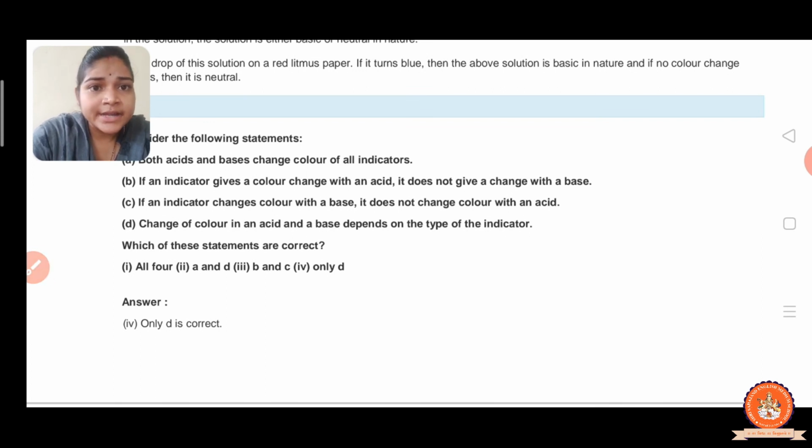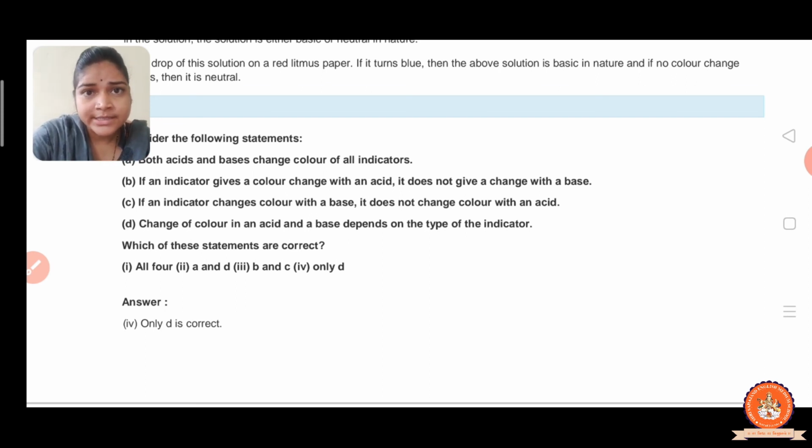Second: if an indicator gives a color change with the acid, it does not give a change with the base. That is not so. If the color changes with the acid, it can also change color with bases. For example, China rose indicator turns dark pink in acidic solution and green in basic solution.